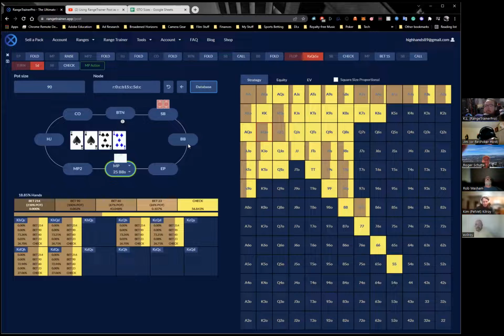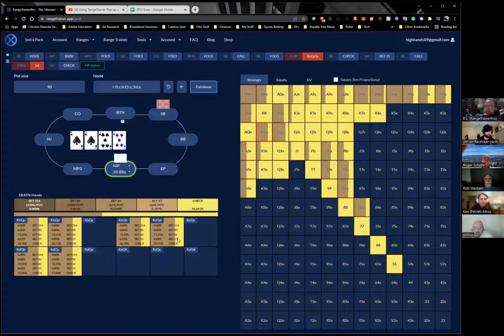Technically there's some checkbacks, but this is such a high percentage overall that for simplicity, I would generally just treat this as a pure bet, because it makes it easier to have that as a strategy in your mind.